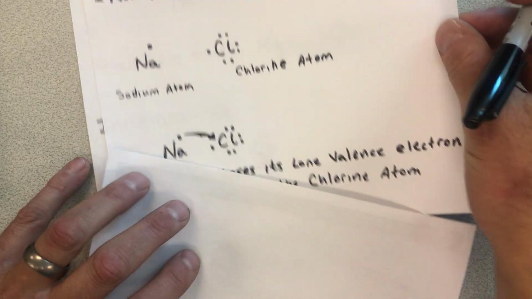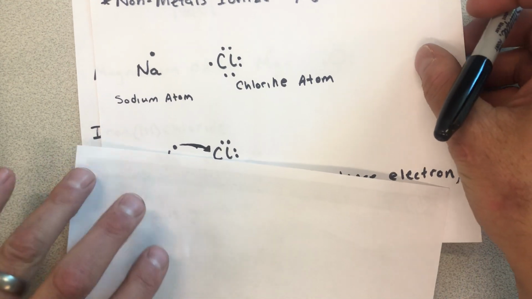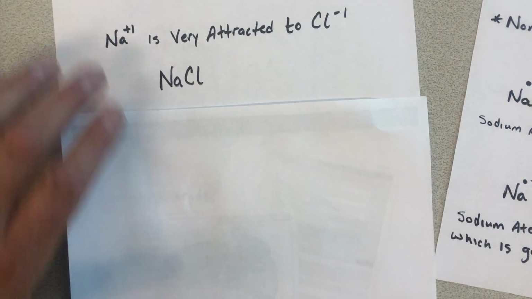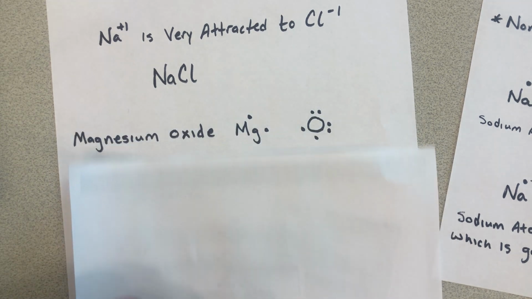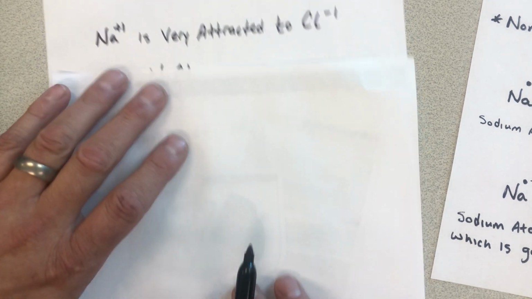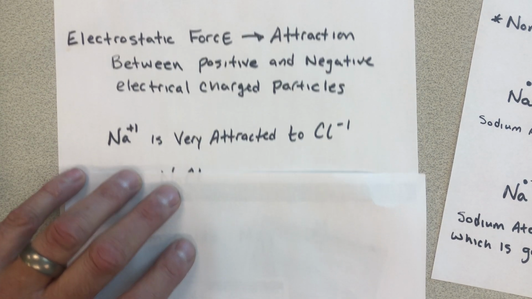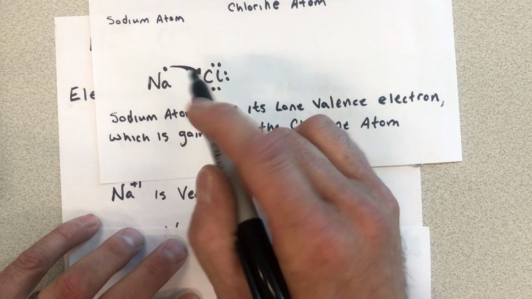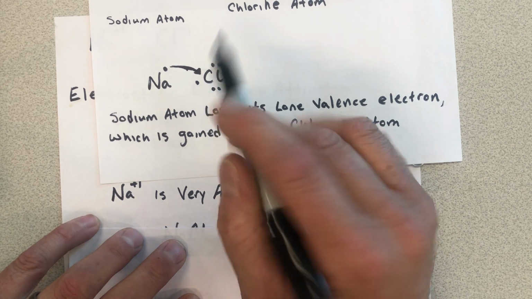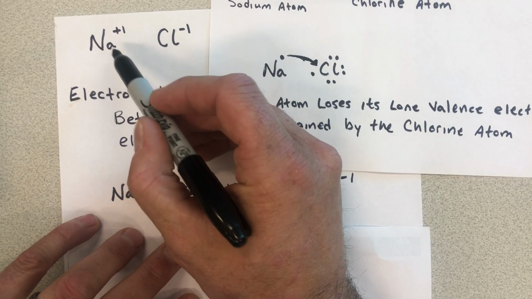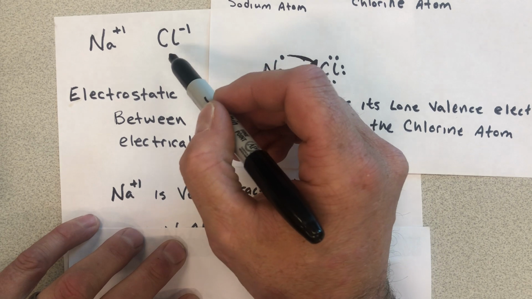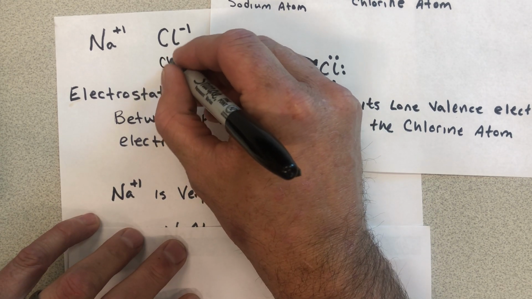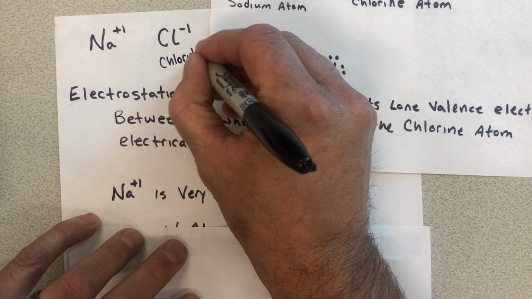So let's do a few examples of these and show how electron transfer works in a couple of other examples. But first, let's talk about why these things stick together once that happens. So when sodium loses its electron, it becomes sodium +1, and chlorine becomes chlorine -1. This is now a chloride ion, right?